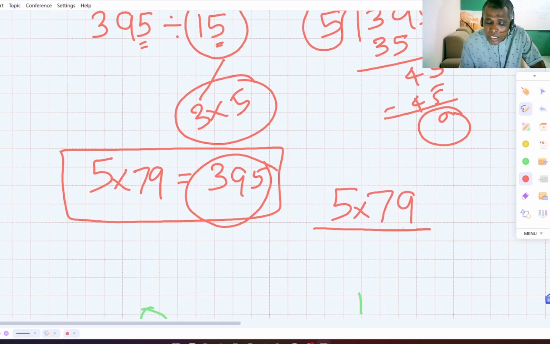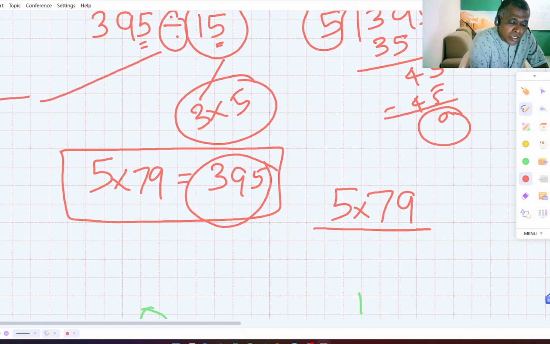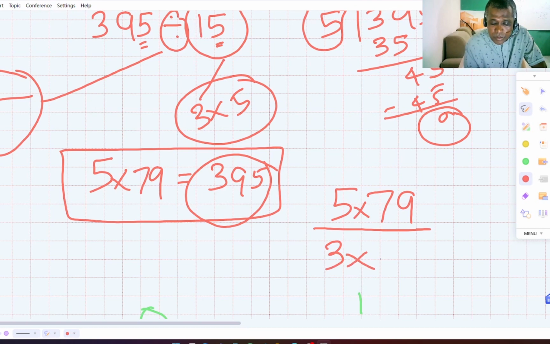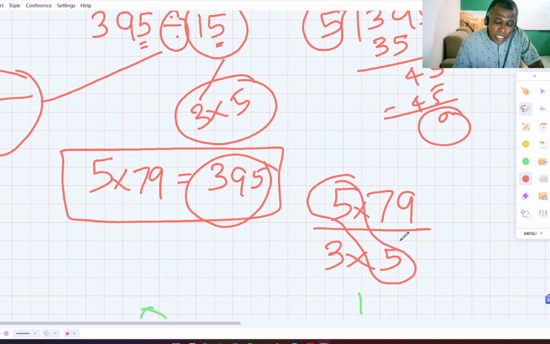Instead of this division, we can use what is called a fraction, division as a fraction. 15 I can write as 3 times 5. I can see that 5 is a common factor. I can remove these. This method is called removing the factor.